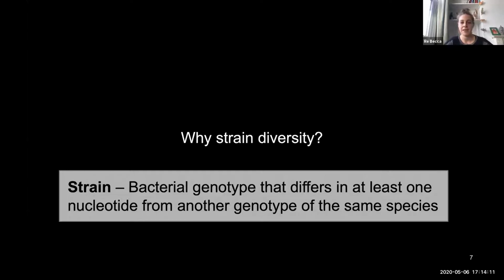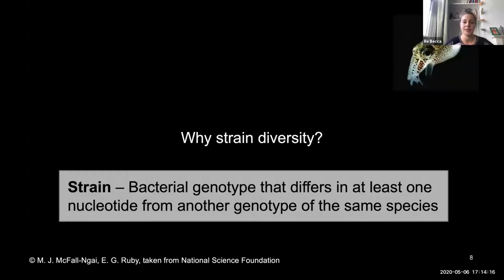And I'm aware that there are different ways of describing different strains, but in this project we are dealing with unculturable microbes, and so one way to distinguish strains from each other would be nucleotide polymorphisms.